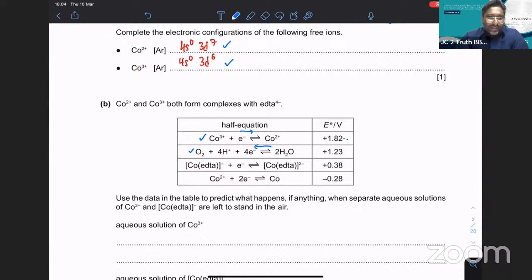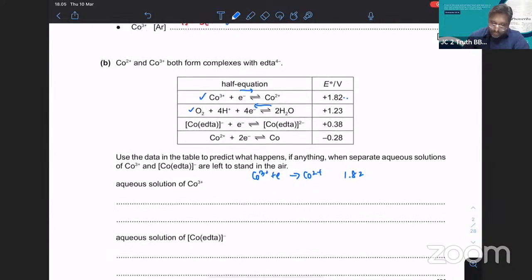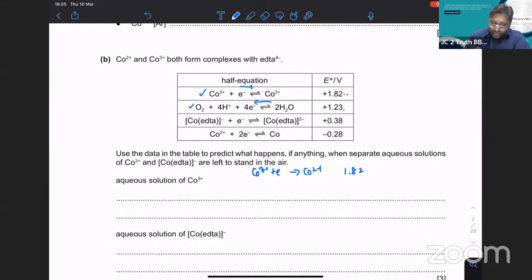So when you put them there, what will happen? Cobalt 3 plus plus electron forms cobalt 2 plus, at 1.82. The other one is a smaller number than 1.82. They give you 2H2O going to oxygen plus 4H plus and 4 electrons, which is negative 1.23.